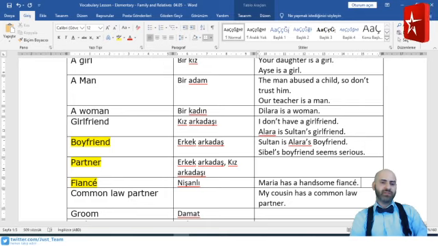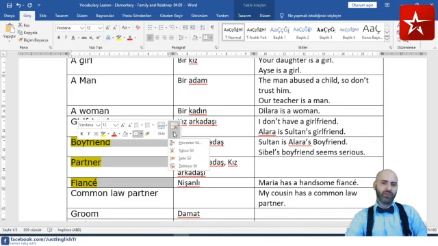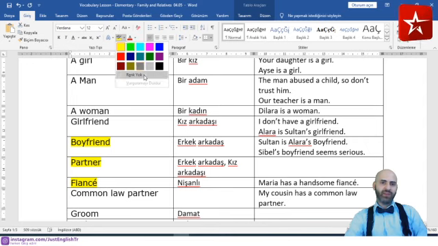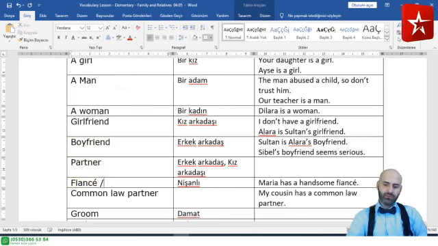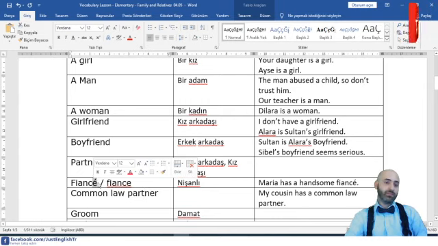Fiancé is not actually an English word. This one comes from French, I think. That's why you see that I used this accent. You can write, of course, without it. You can write fiance like this also. This is also correct, but this one is used because it is French. So usually we write like this. But this is not an English letter, okay?